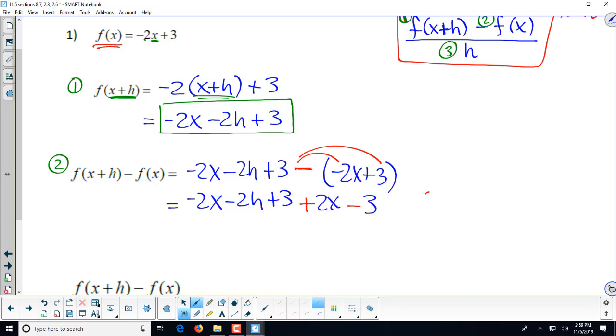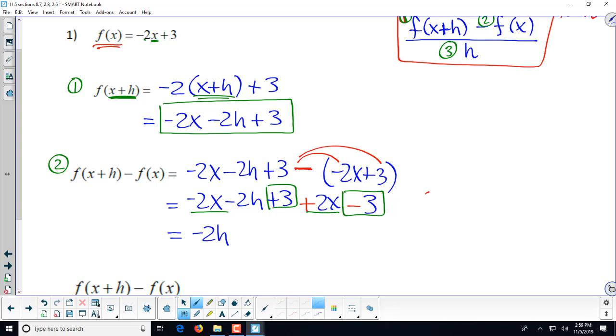And then combine like terms. So when I combine like terms, these are opposites, add up to be 0. These are opposites, add up to be 0. So I'm left with -2h.